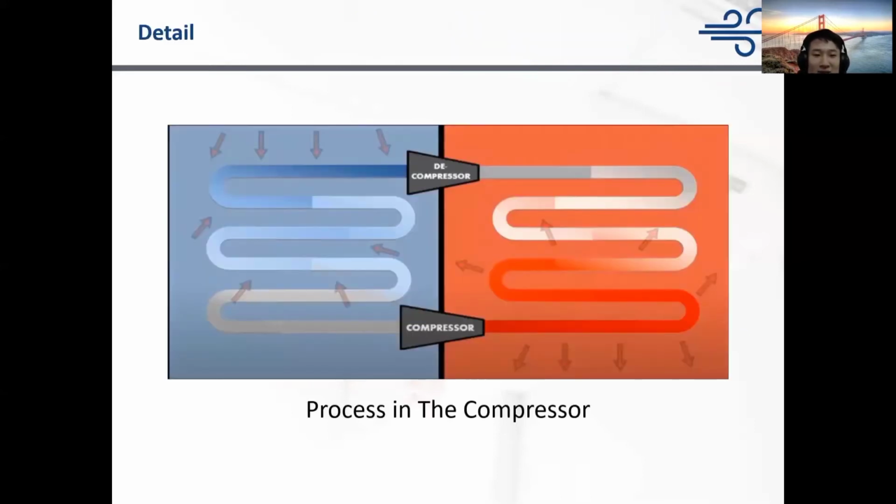So I'm going to tell the detail of the process in the air conditioner. The process of the air conditioner directly follows the Clausius statement of the second law of thermodynamics, where heat is taken from a cold environment, work is applied, and heat is expelled to a hot environment.